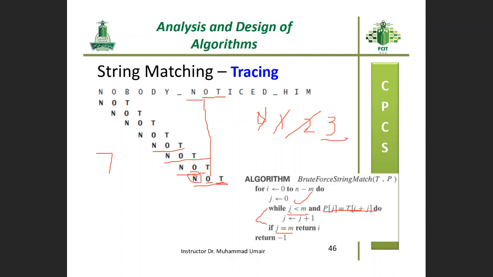The condition is true, so it will return i. i is the index, so 7 will be returned. So 7 will be the starting index of the text from where the pattern exists in the text. Is that clear? So 7 will be returned and you have found the value.